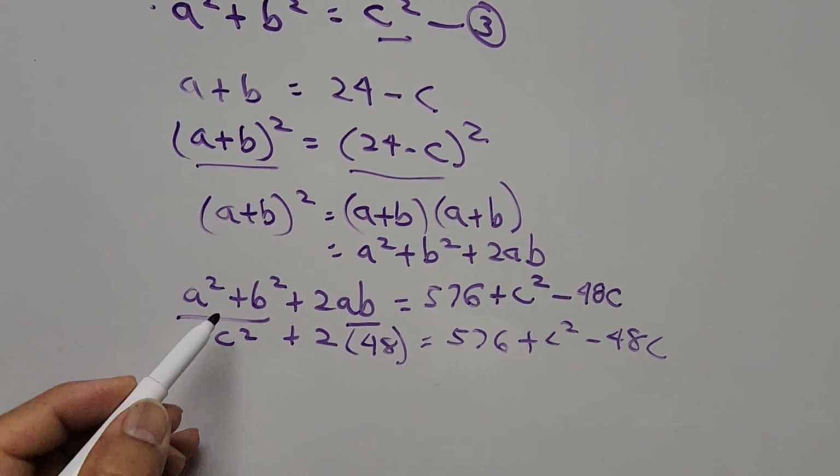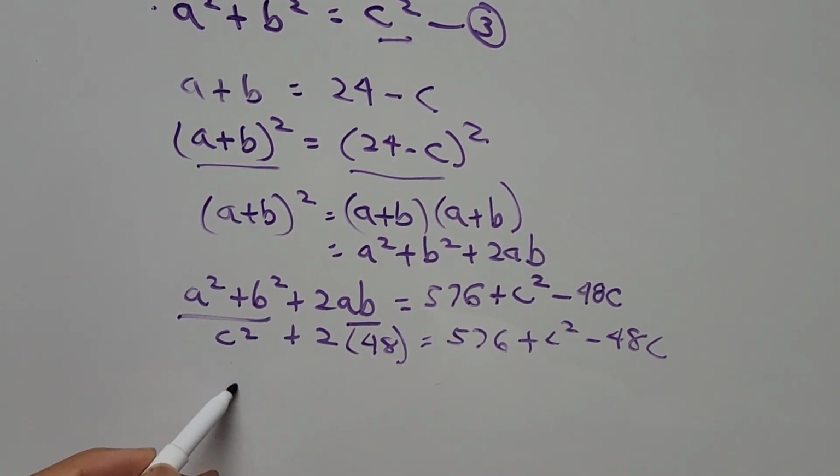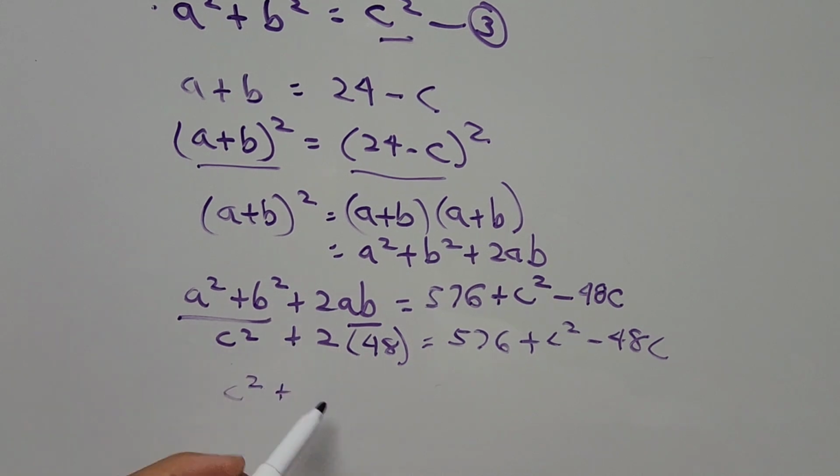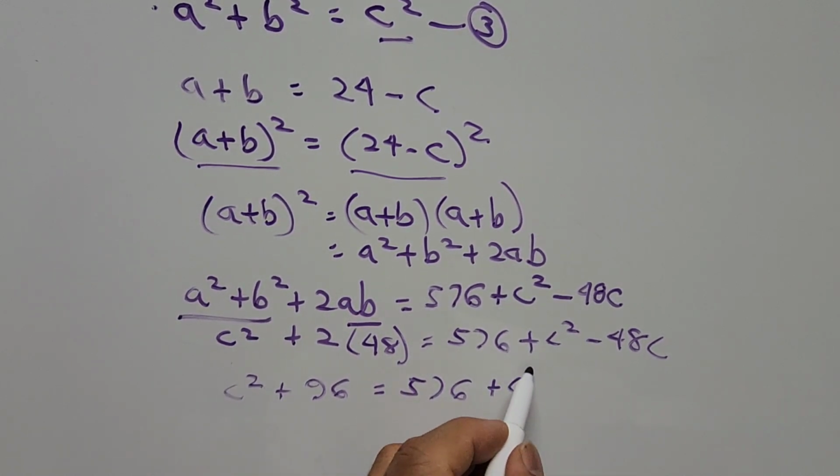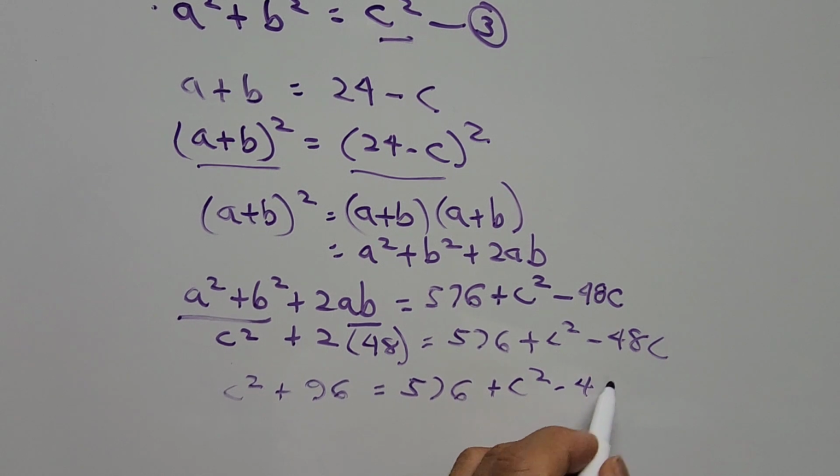So we now have C squared plus 48 times 2, which is 96, equal to 576 plus C squared minus 48C.